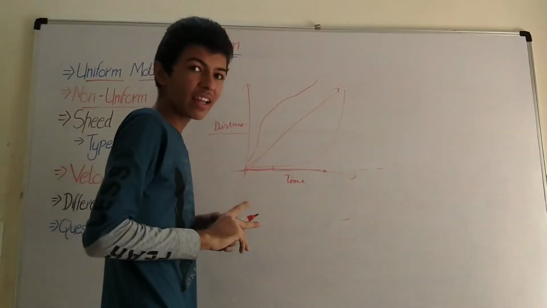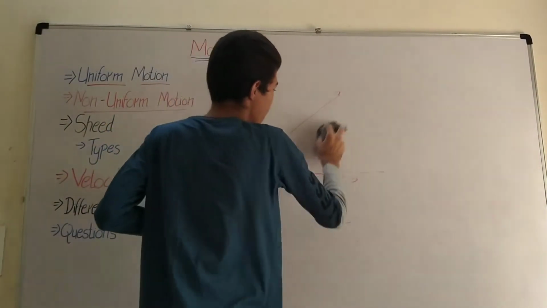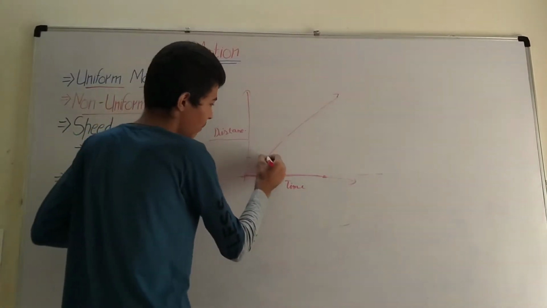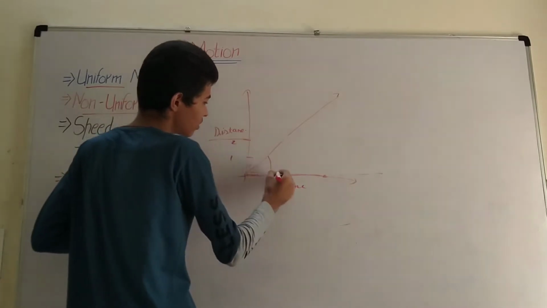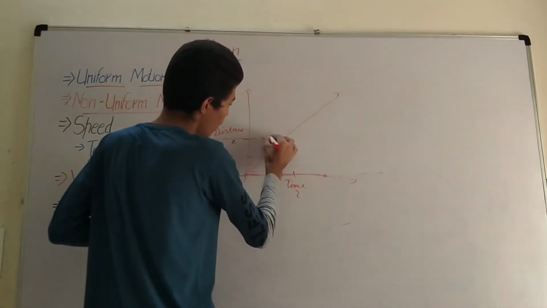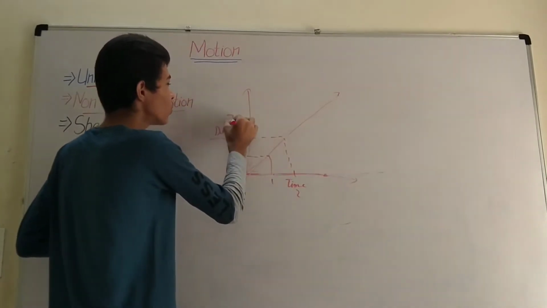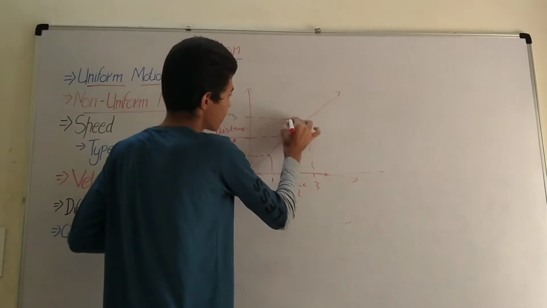What do I mean when I say the line is always straight? Let me mark the readings: 1 meter and 1 second, 1 unit, 2 meters and 2 seconds, and so on, this would be 3.